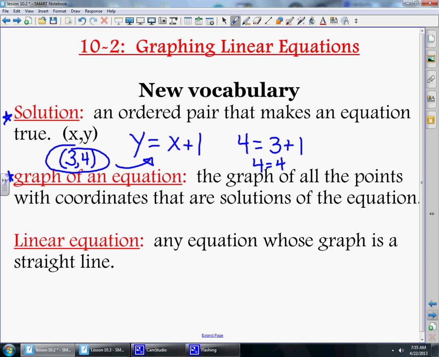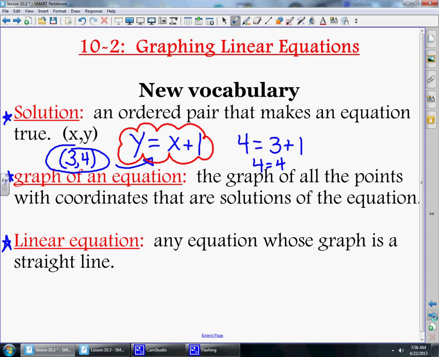We'll talk about that a little later, and I'll show you an example of how you could graph an equation like this that will show you all the solutions for that equation. And then the last is a linear equation, any equation whose graph is a straight line.